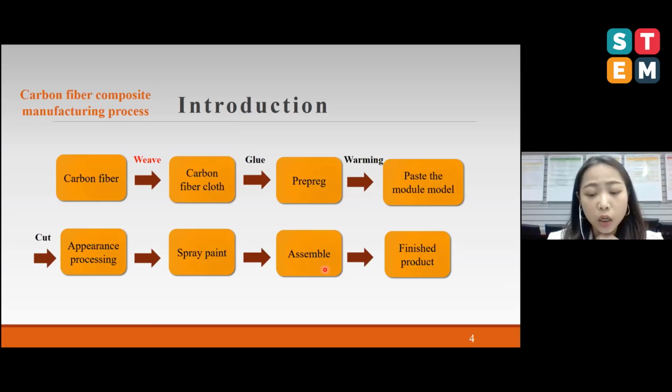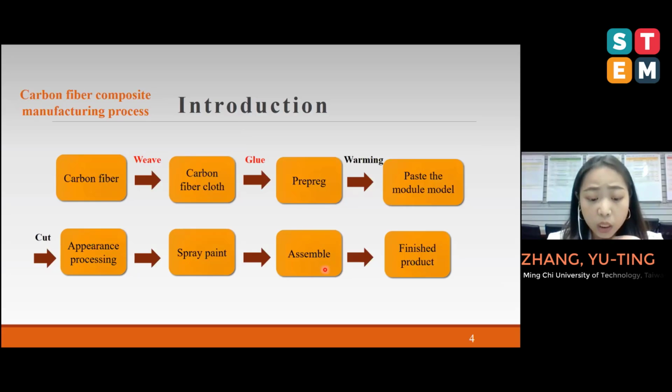That is epoxy resin, and then becoming prepreg after chemical reaction. By heating the mold to form a composite material, then the step of coating and assembling can become the current carbon fiber product.